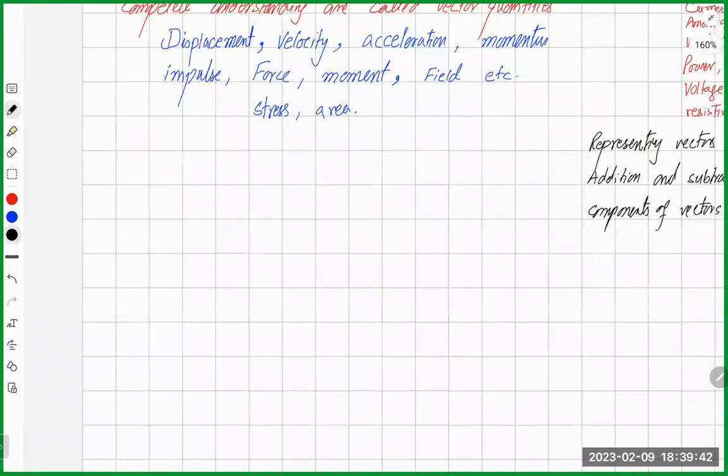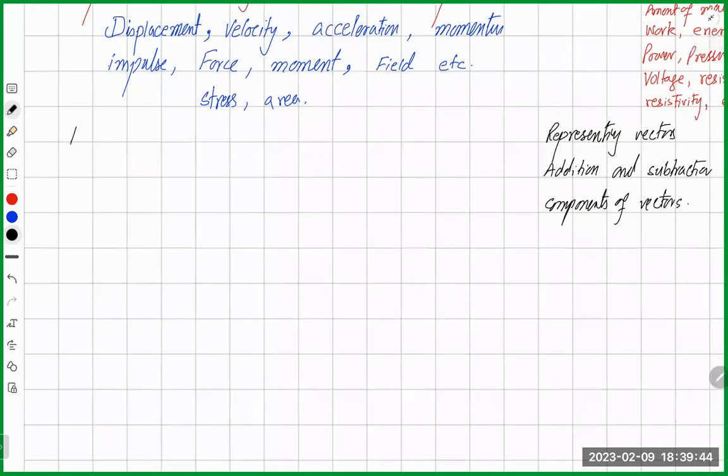Now, number one, how do we represent a vector? Representation of vector. First of all, the question is, why do we need a representation? Well, we don't need representation for scalars.